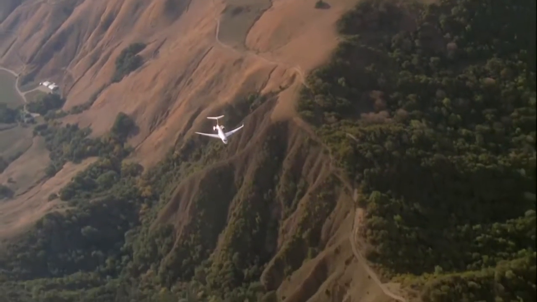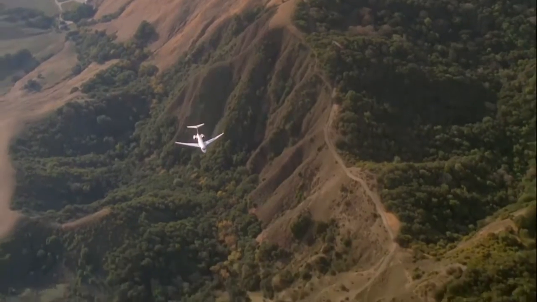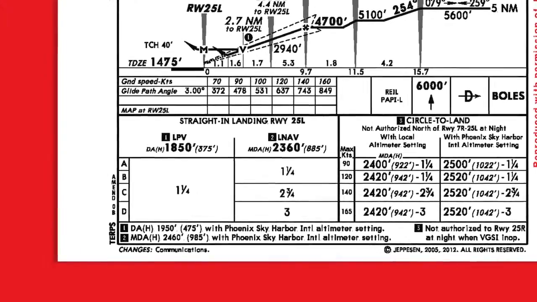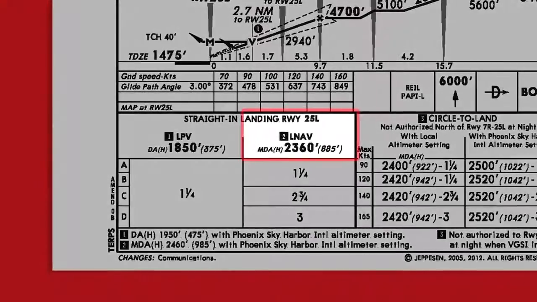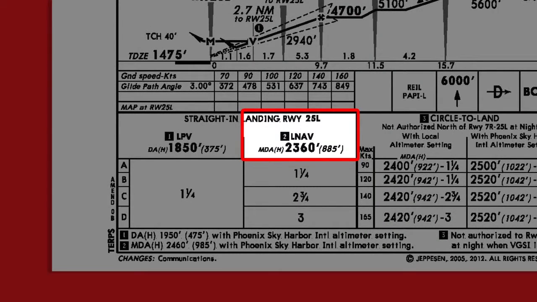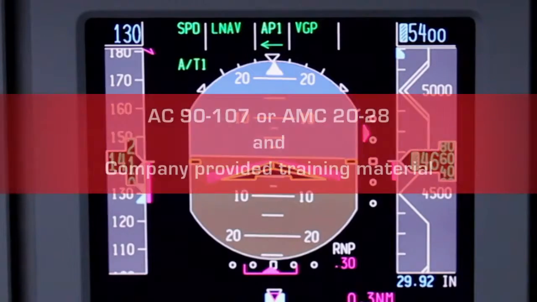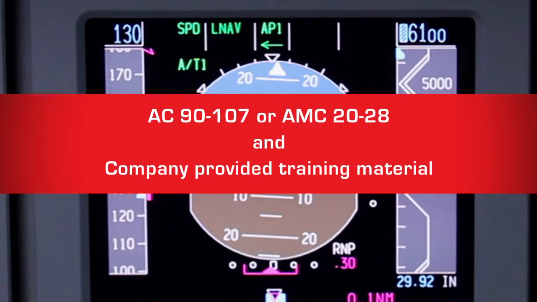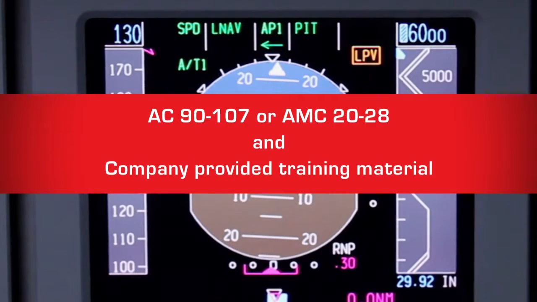If an amber LPV annunciator is displayed, the flight crew may have the ability to continue the approach to LNAV only or LNAV-VNAV minimums. Refer to AC 90-107 or AMC 20-28 and company-provided training material for further information on SBAS fail-down procedures.